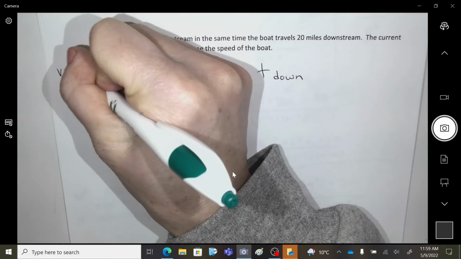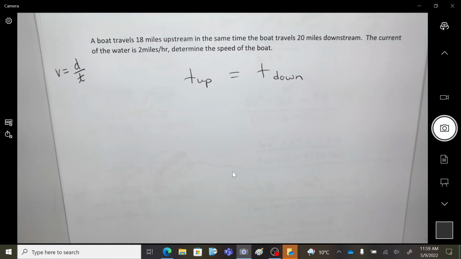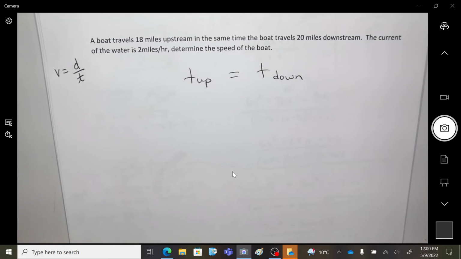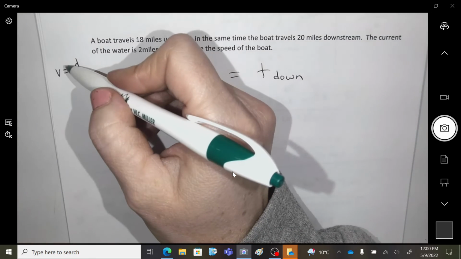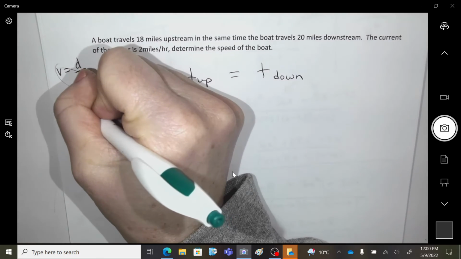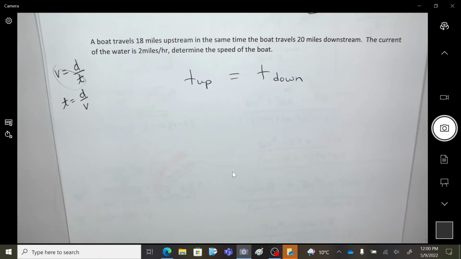So kilometers per hour. Distance is kilometers per hour time. Now this formula wants me to use time, so I'm going to switch. Time equals distance over velocity.